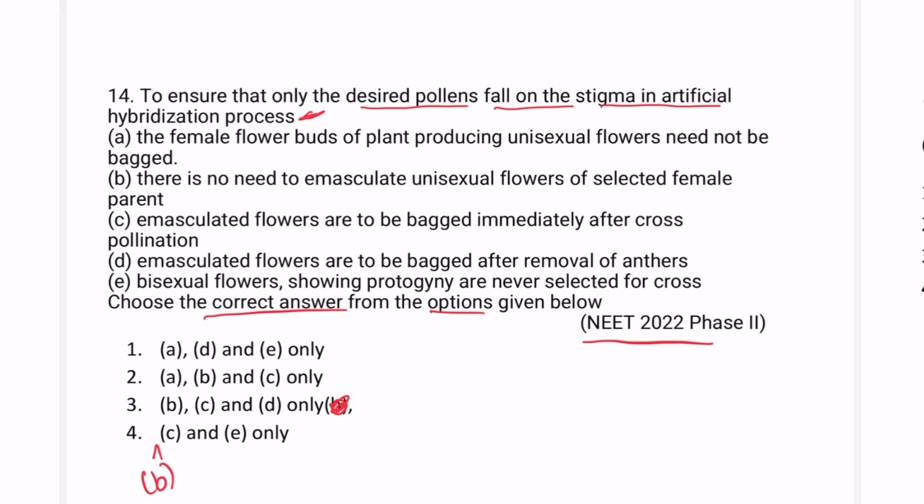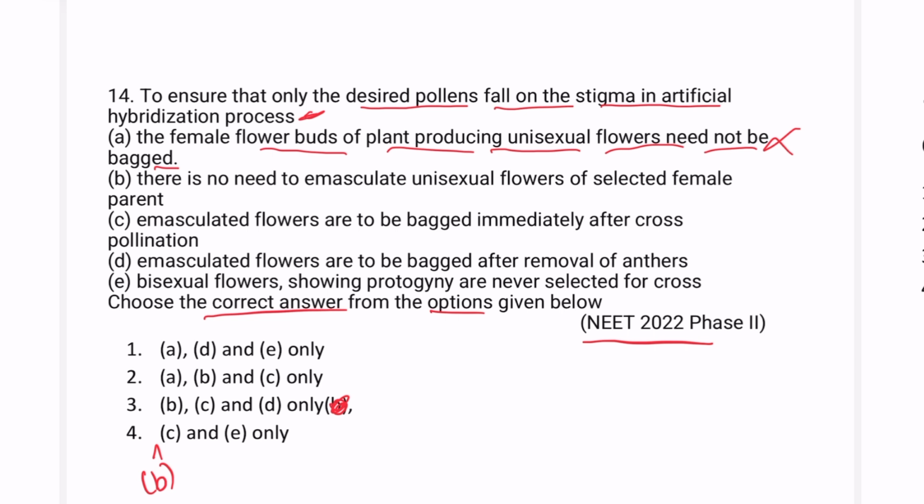We shall read each statement and confirm whether it is right or wrong. A: Female flower buds of a plant producing unisexual flowers need not be bagged. So this is going to be a wrong statement because bagging is absolutely required, and emasculation is not required in unisexual flowers. There is no requirement of emasculation, but bagging is absolutely required.